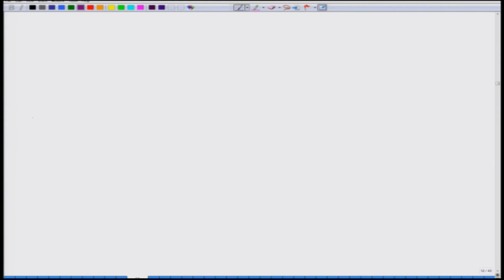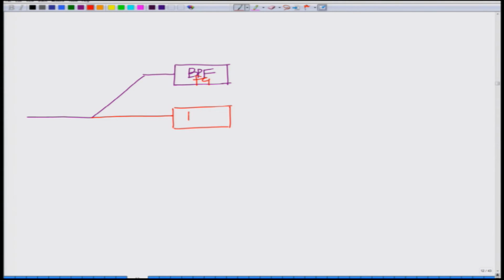We take the received signal, we pass it to an appropriate band pass filter, BPF with center frequency, for instance, FC1, another BPF with center frequency FC2, another BPF with center frequency FC3.